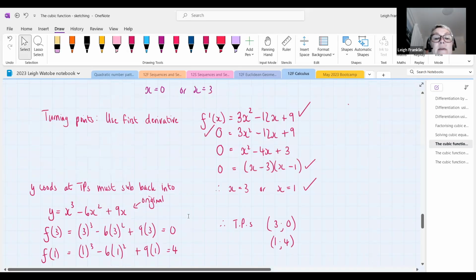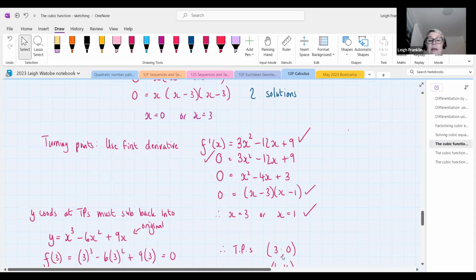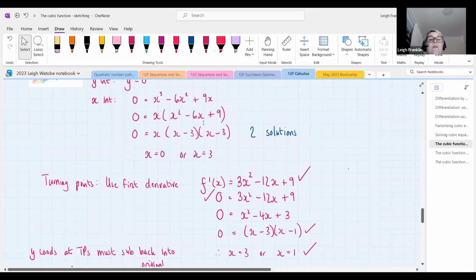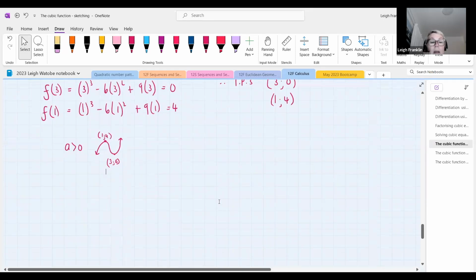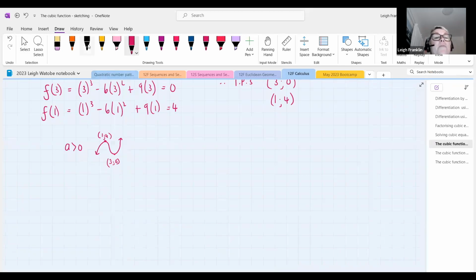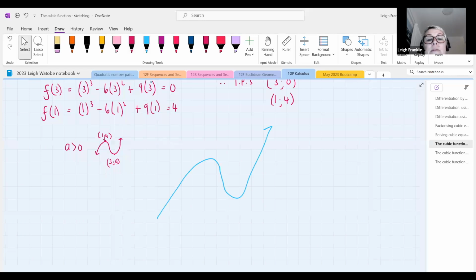We can see that our turning point is (3; 0), and one of our x-intercepts is also (3; 0). So the graph has its turning point on the x-axis. It's going to look something like that, with the x-axis over there.